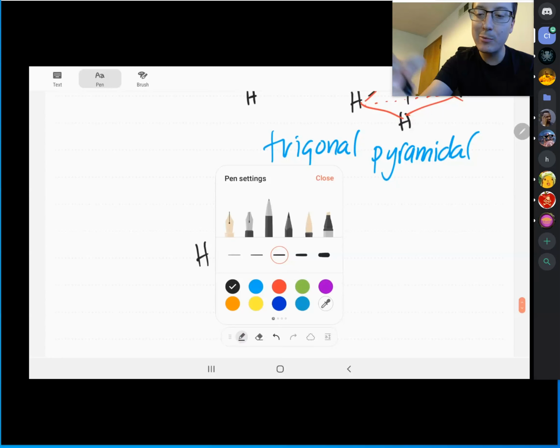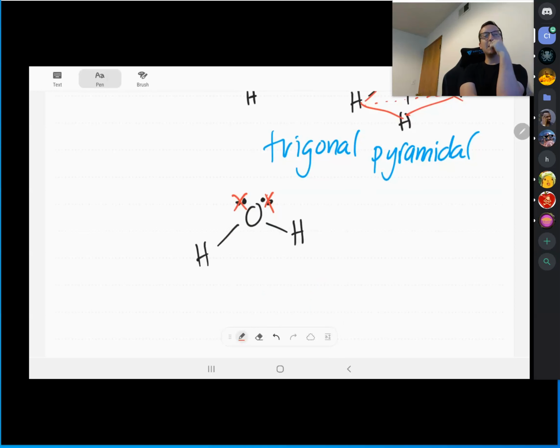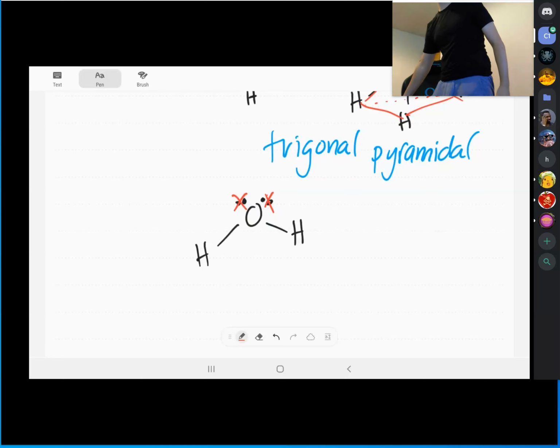So again, we're going to pretend these lone pairs don't exist. What's going to be left over in between that? Is that linear? Is this linear but at an angle?